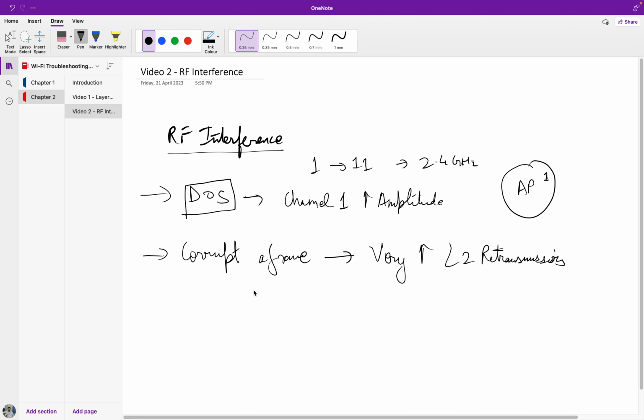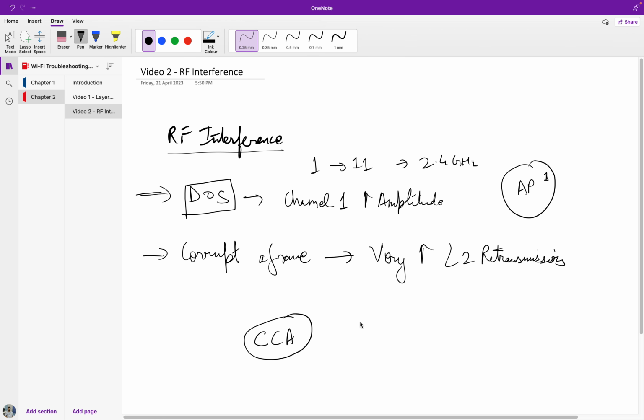Now, I just want to highlight one more point in this DoS. When a client tries to transmit a frame, it hears during clear channel assessment that there is some other energy on the same channel and it needs to stop its transmission.